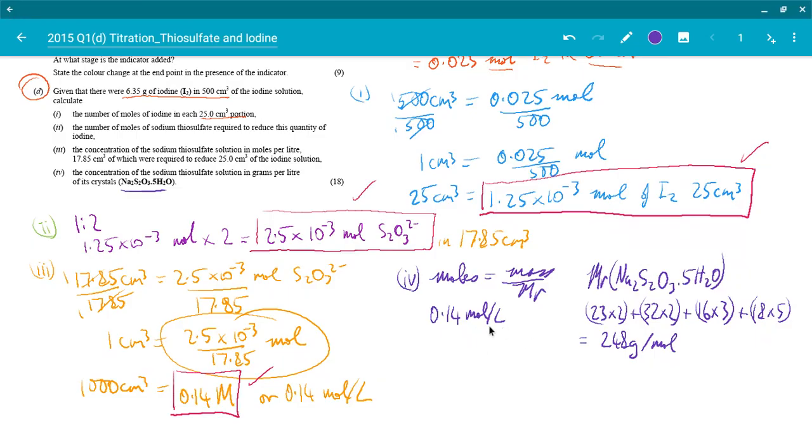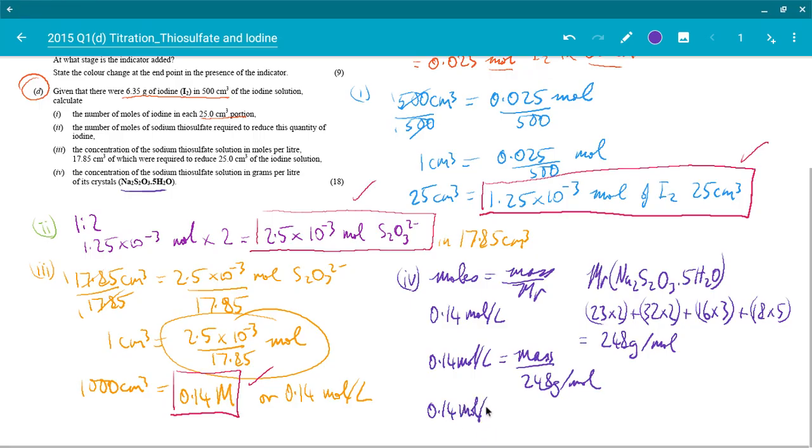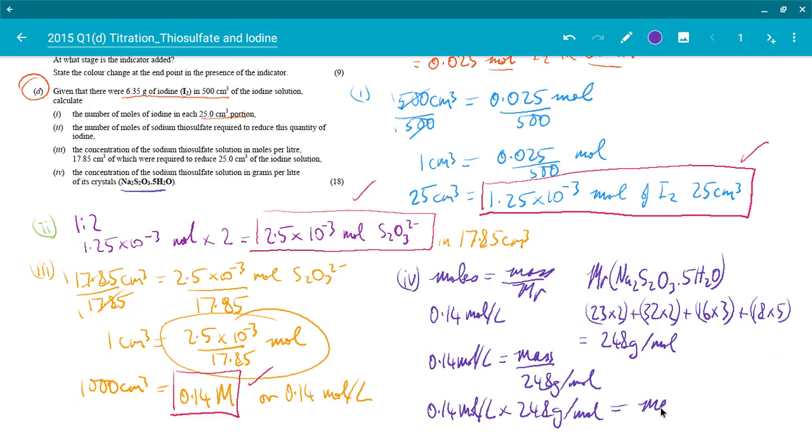So now I've got moles per litre equals, I want to get it into mass, and I've got 248 grams per mole. So to get mass, I just multiply both sides by 248. So on the left, we've got 0.14 moles per litre times 248 grams per mole equals mass.